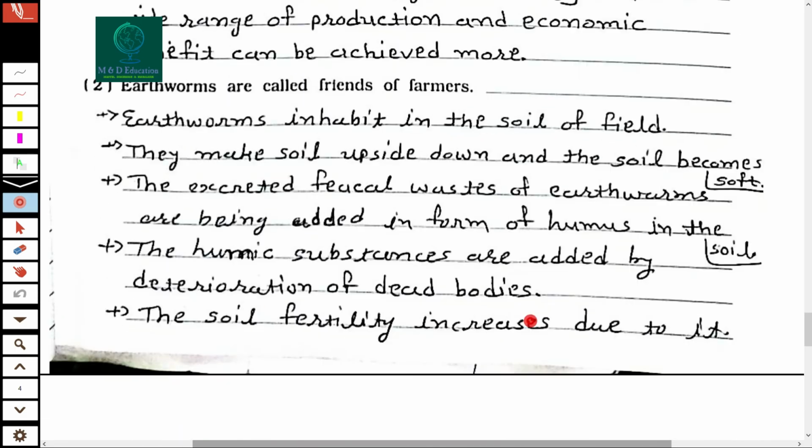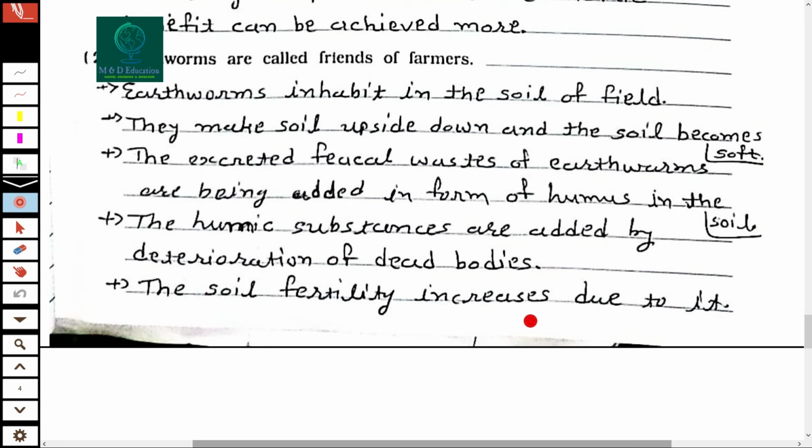Now the second one is, earthworms are called friends of farmers because earthworms inhabit the soil of a field. Now the second point, they turn the soil upside down and the soil becomes soft. Third point, the fecal wastes of earthworms are added in the form of humus in the soil.